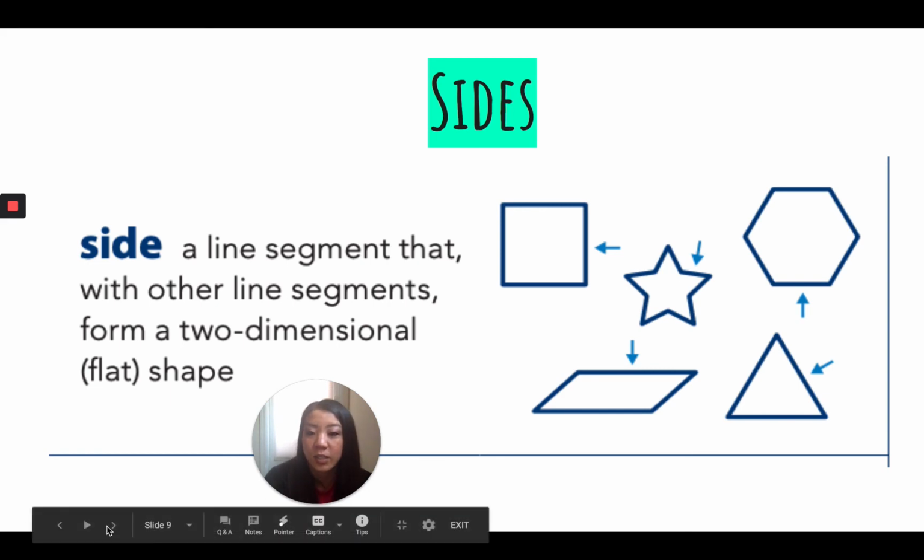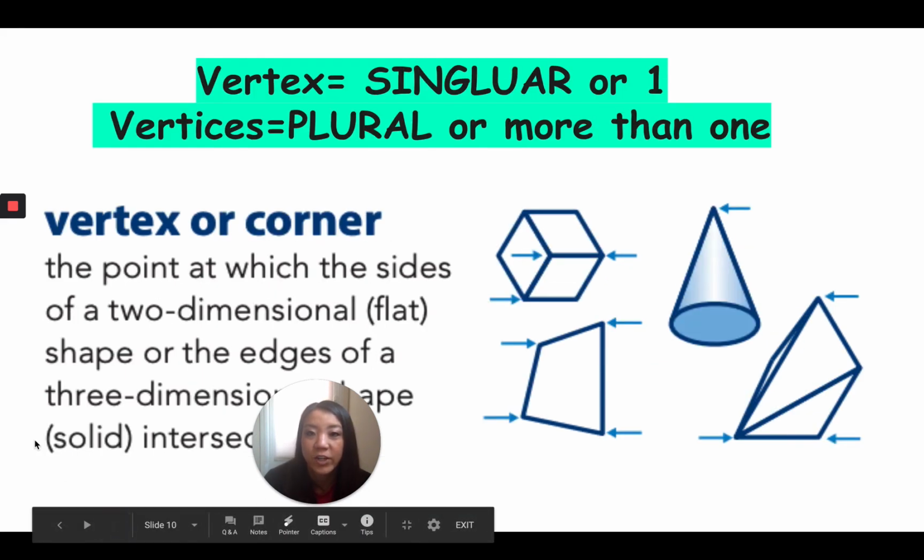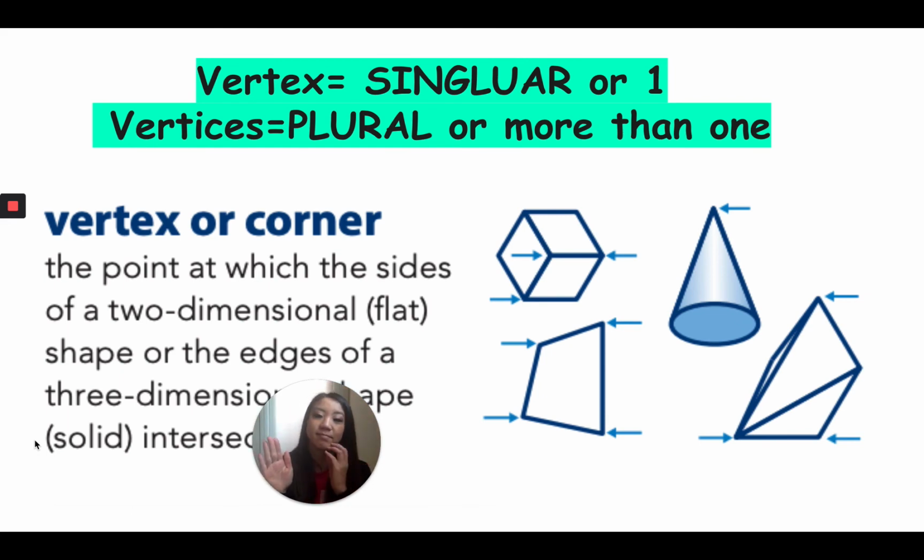The next attribute is vertex or vertices. So, mirrors up. A vertex or vertice is where 2 or more lines or sides meet in the corner. Vertex is singular, 1.